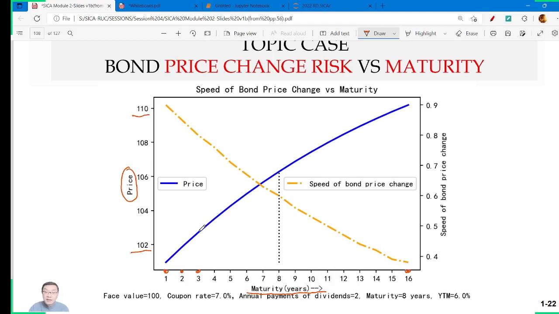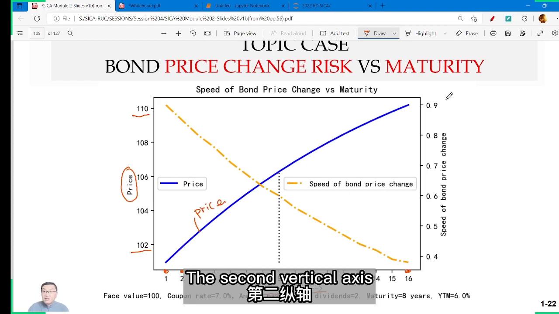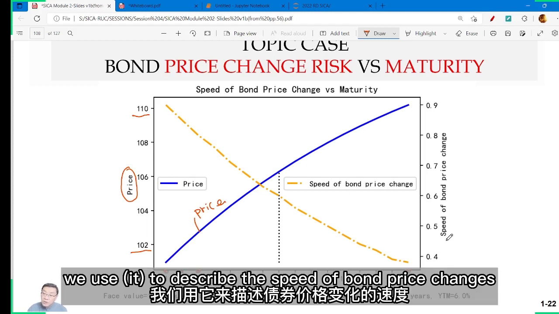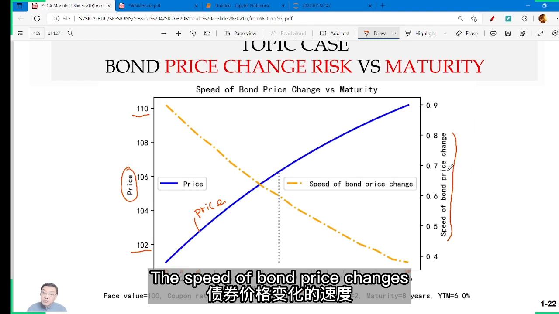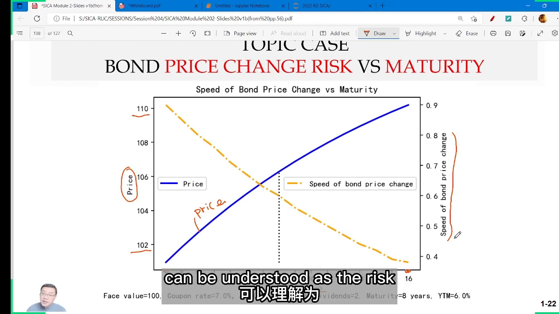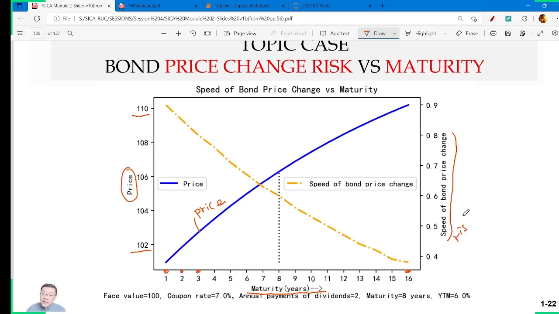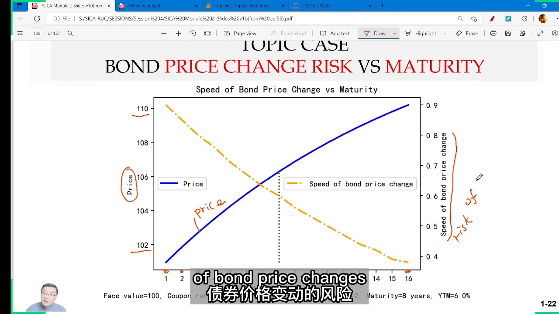And this is the blue solid line, bond price. The second vertical axis we use to describe the speed of bond price changes. The speed of bond price changes can be understood as the risk of bond price changes.